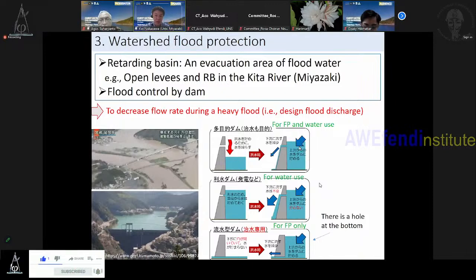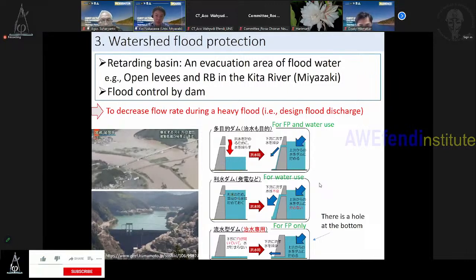And then when a flood actually occurs, the flooding water from upstream is stored in the reservoir, and a smaller amount of river water is discharged to downstream. This is the flood protection of dam.